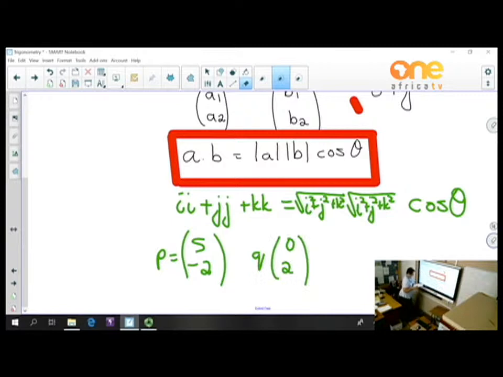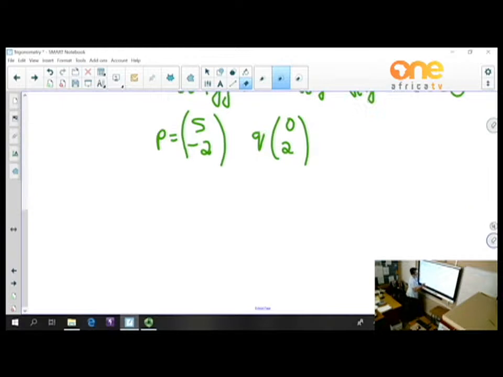So that is our 2 column vectors. This is in 2 dimensions, X, Y, X, Y. Now, what we want to do now is we want to find the angle between these 2 vectors. So this is the vector P, this is the vector Q, and we want to find that theta there, that angle. That is the whole purpose why we're going to do it.